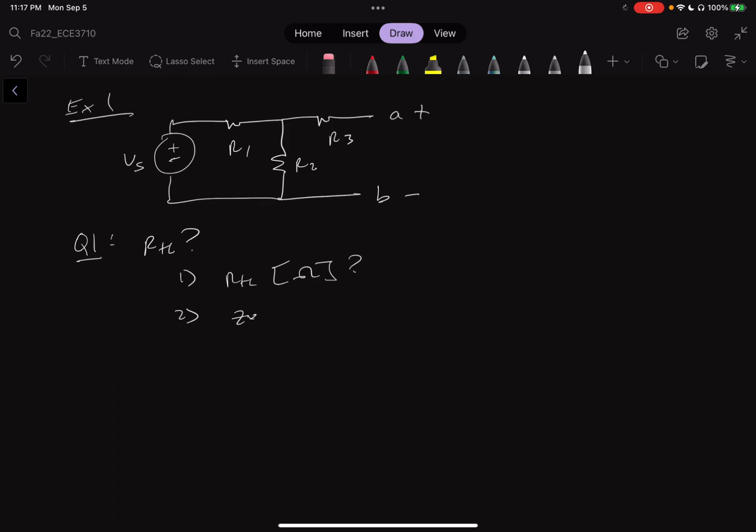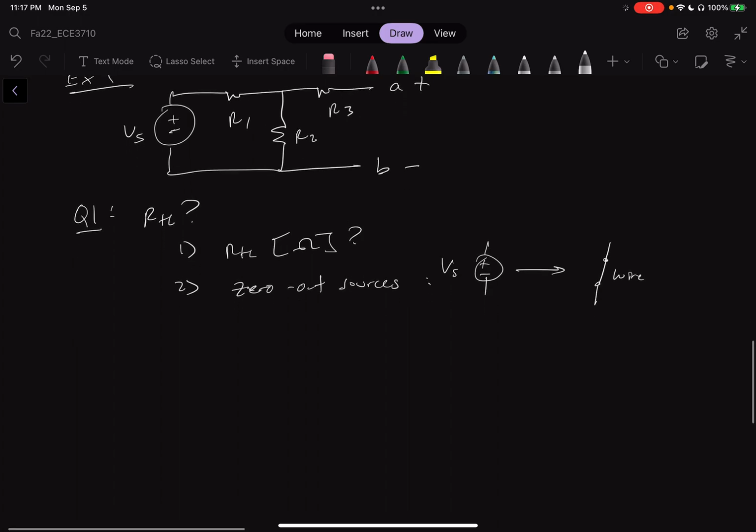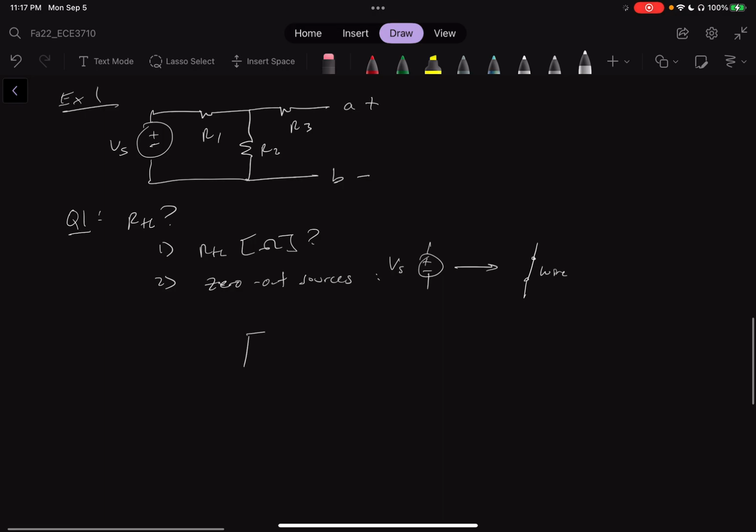You need to zero out sources, where voltage sources, that's the only type that we have in this drawing, becomes a wire. So let's do that. We did it.